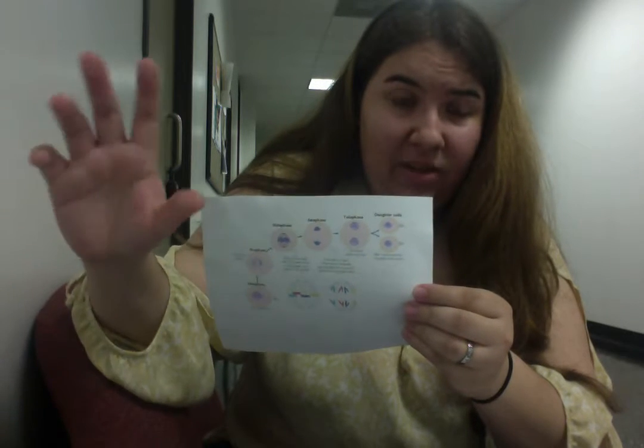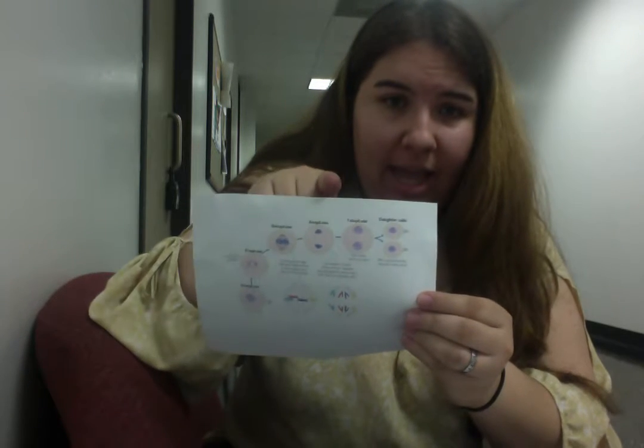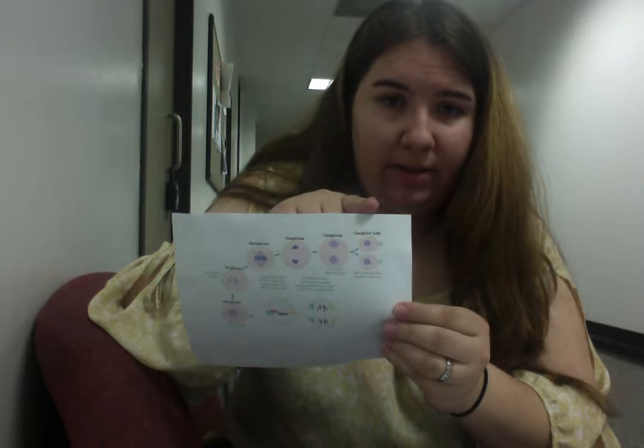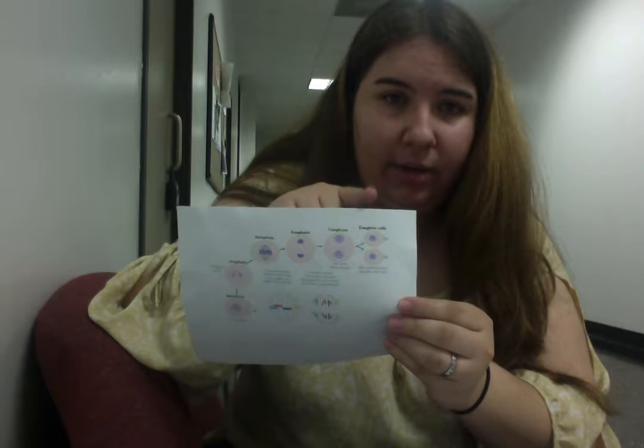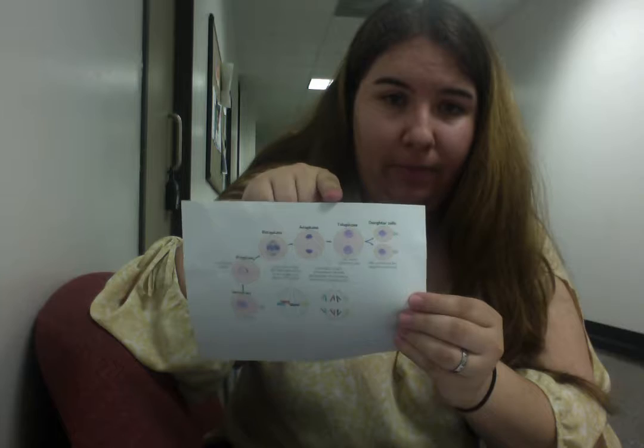With these 2 nuclei in this one cell, it actually has to split. That split is called cytokinesis, and it creates 2 daughter cells, each with 1 nucleus from the giant cell. And that's basically mitosis in a nutshell. At the end of mitosis, you are only left with 2 daughter cells.